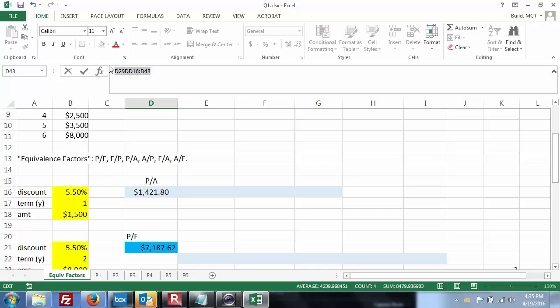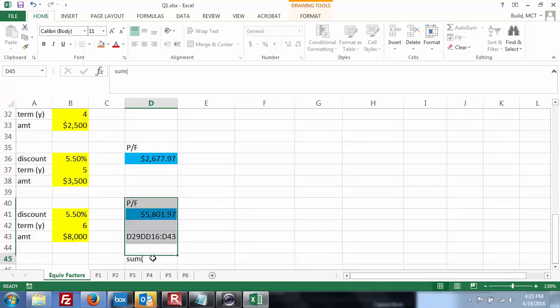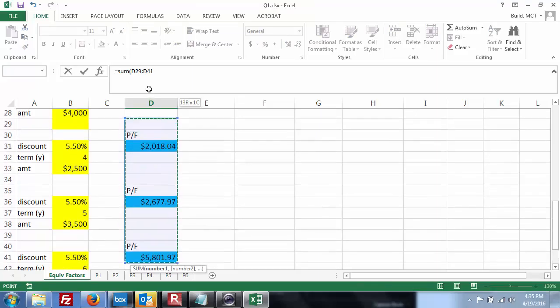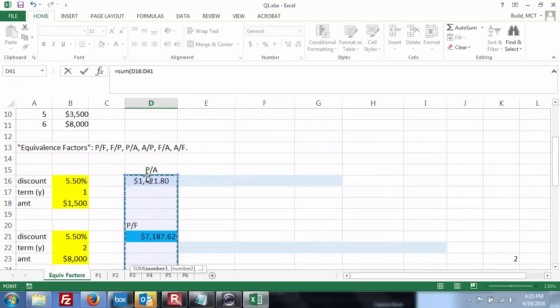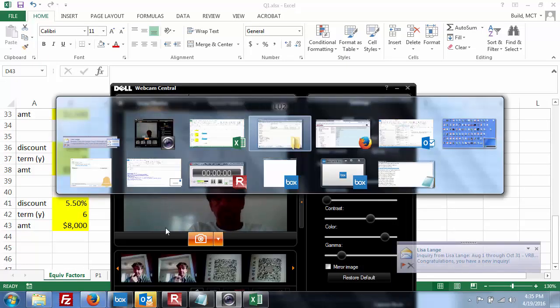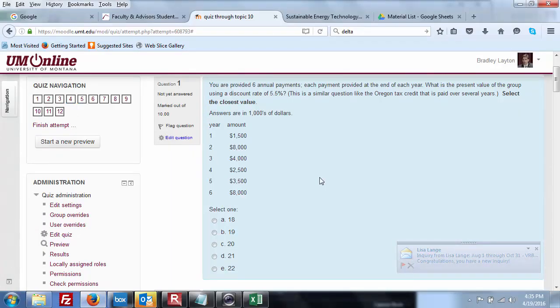Equals sum, open paren, close paren, 22K. Is that an answer? 22. So that's how I'd do it.